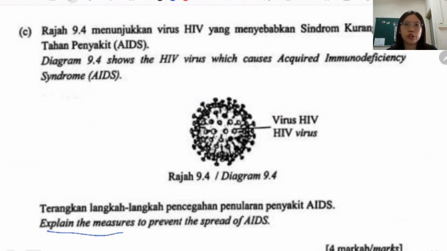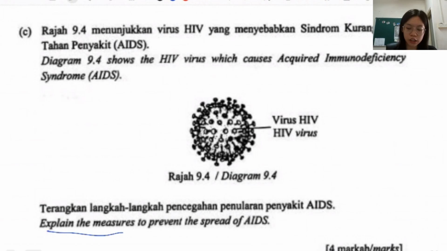Other than through seminal fluid or vaginal fluid, it can also be transmitted through blood. That's why some people who take drugs share needles, right? It can be transmitted through the blood as well.